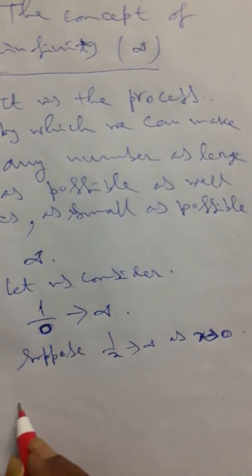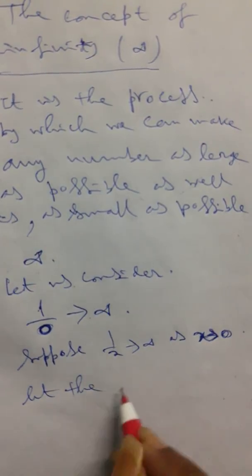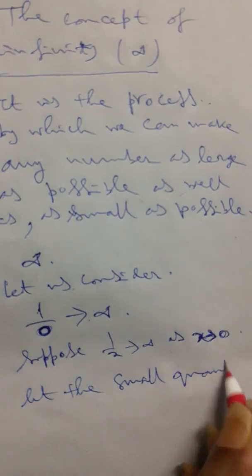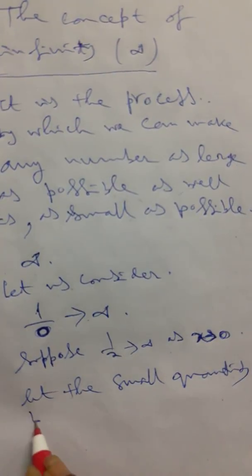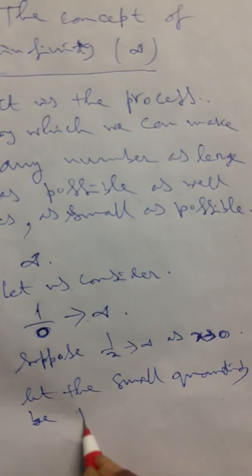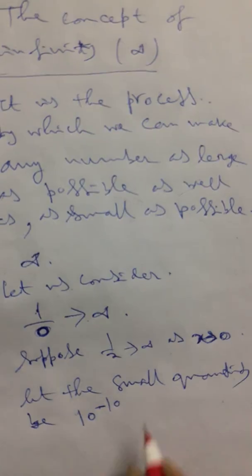Suppose here 1 by 0, that means a very small quantity. If we consider the small quantity to be 10 to the power minus 10, suppose.